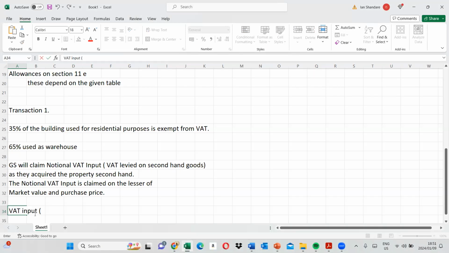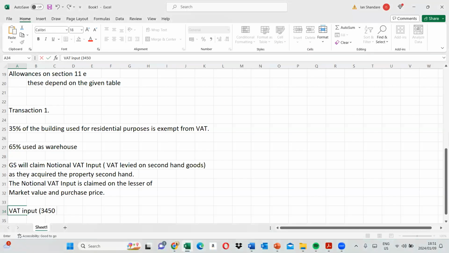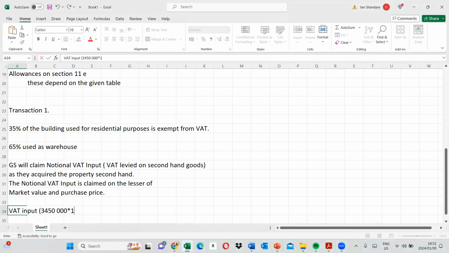You do your calculation of your VAT input. You take the purchase price, 34.50, times... you are told in the question that all amounts are inclusive of VAT. If amounts are inclusive of VAT, you multiply by 15 over 115.